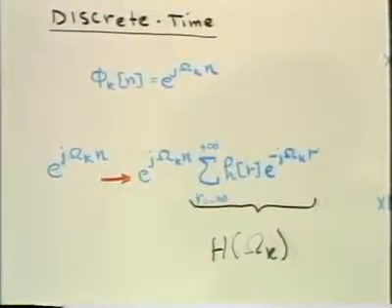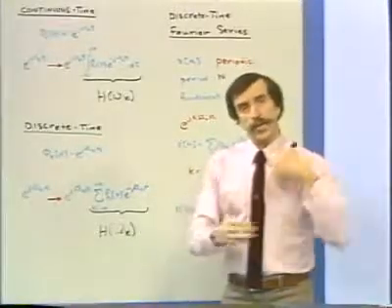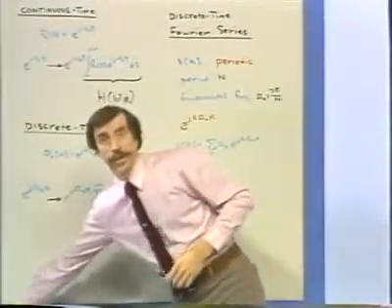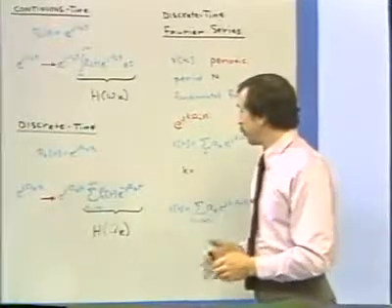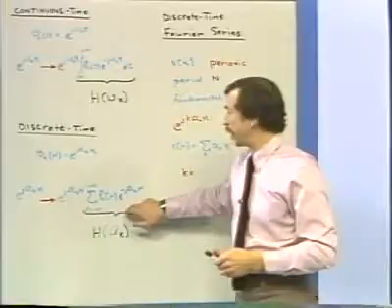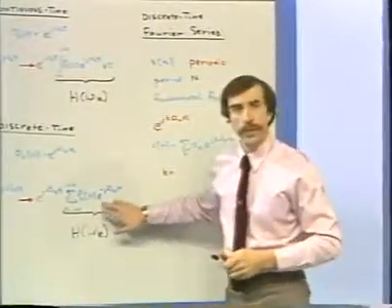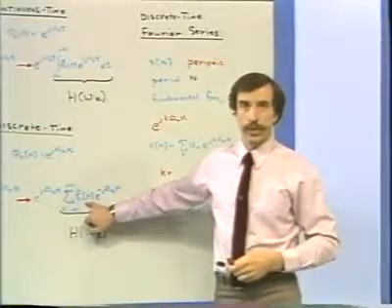And although it's not particularly evident at this point, as the discussion develops through this lecture, what in fact will happen is very much paralleling continuous time. This particular expression will correspond to what we'll refer to as the discrete time Fourier transform of the system impulse response.